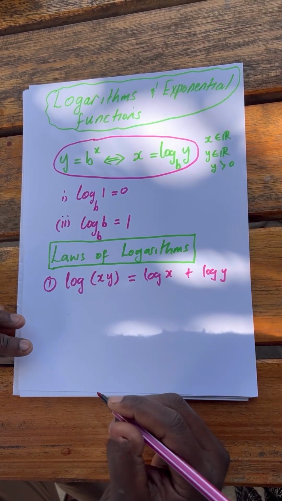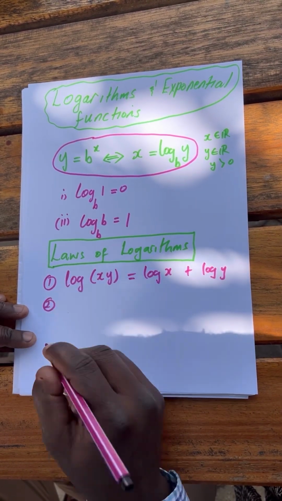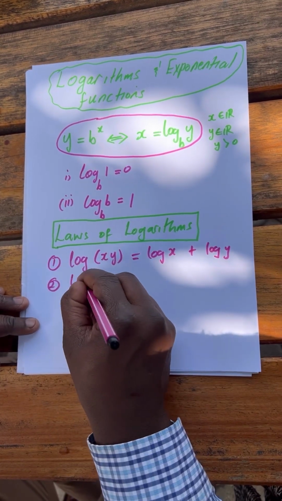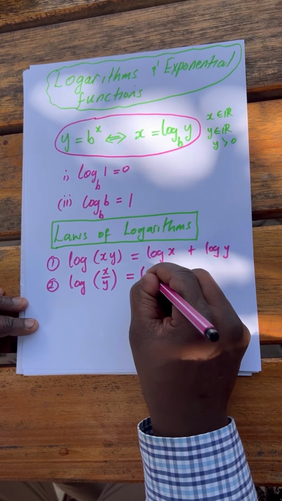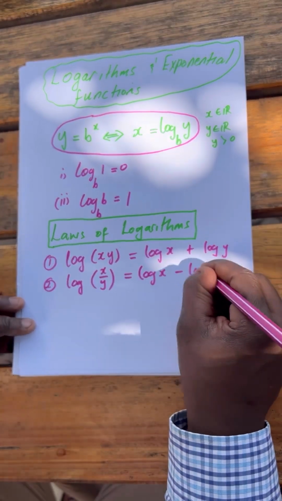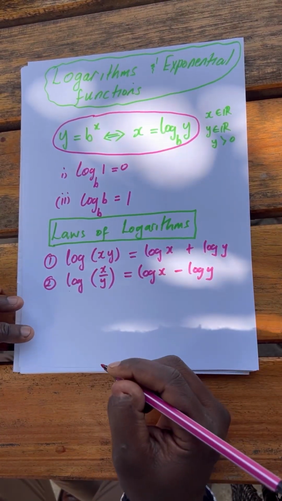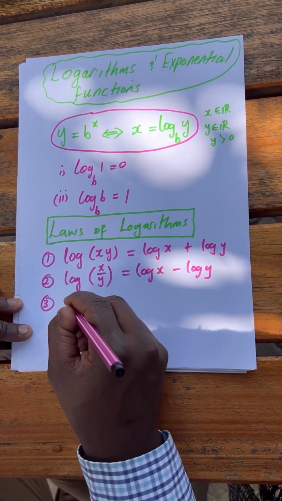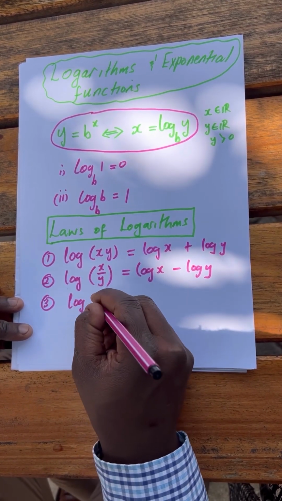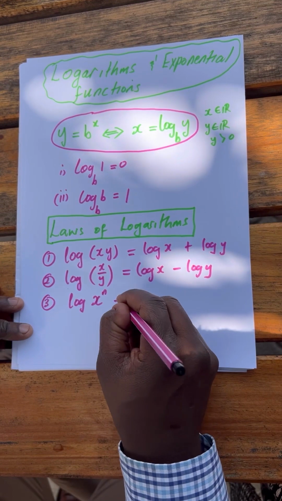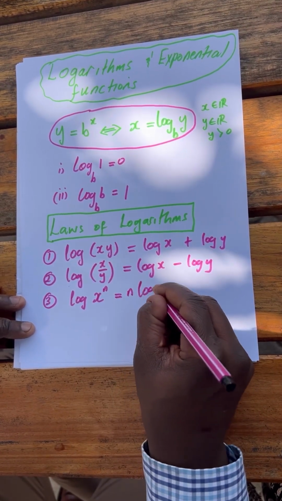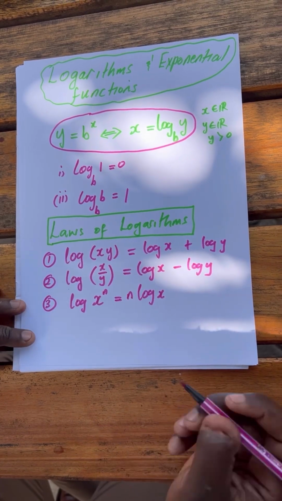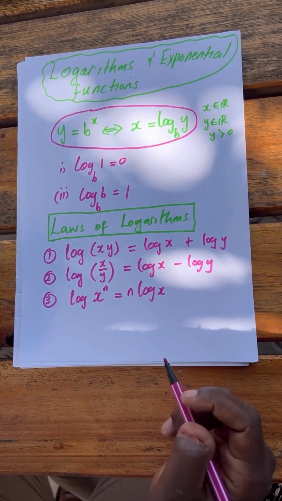This works in any base. Number two, log of x over y is the same as log x minus log y. Number three, log of x to the power n: you can drop down the power, so it is n times log x. This is true for any base.